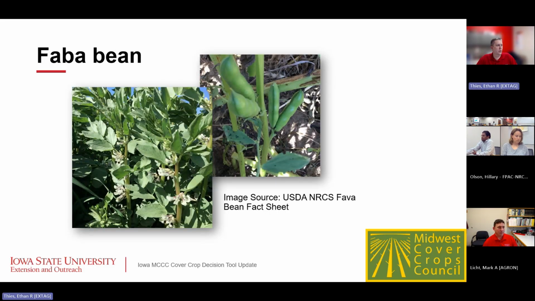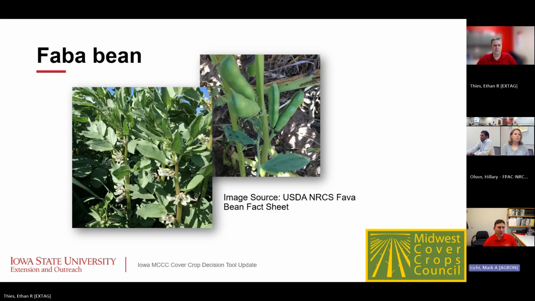Oh, we did have one more legume, faba bean. Yeah, so faba bean has been added really because of its high potential for nitrogen fixation. So that's a really good strength for it. If you look at some of the other characteristics and qualities, it doesn't necessarily have a lot of high qualities there.